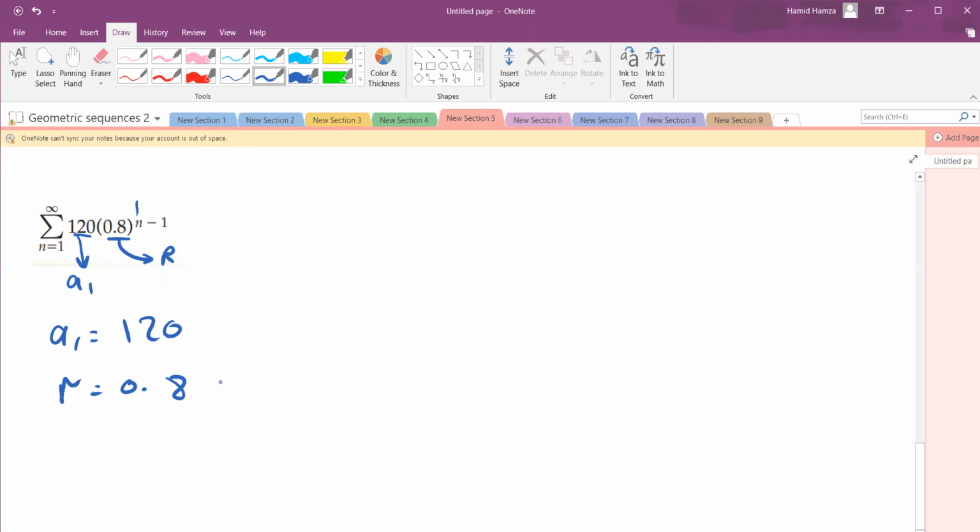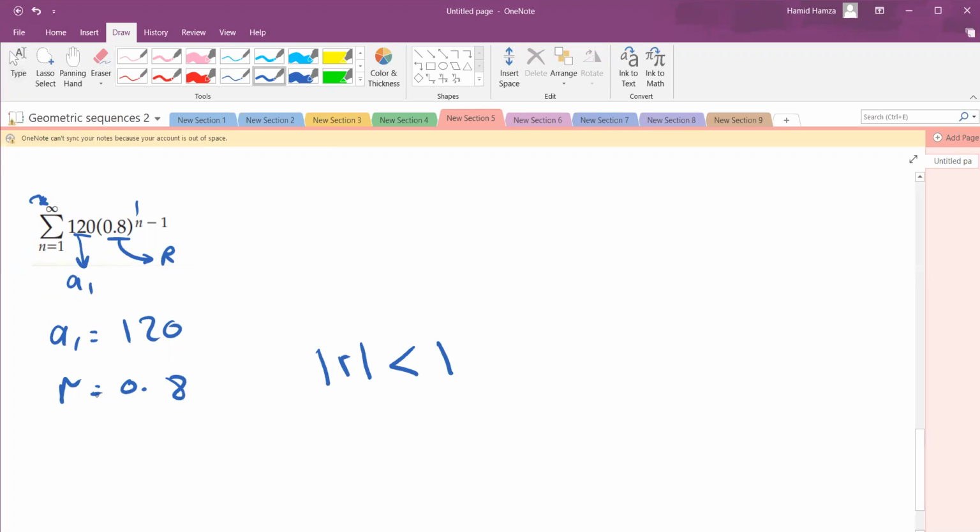The question now is whether we can find the sum to infinity, as he asked for the sum from n equals 1 to infinity. The condition is satisfied, because the absolute value of R is less than 1; 0.8 is less than 1. So yes, I can find the sum to infinity.